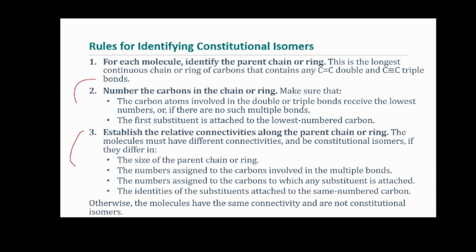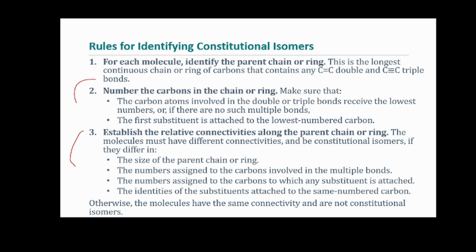Establish the relative connectivities along the parent chain or ring. This would have been the positional identifiers, right? Before, with our substituents, we would have gone through and figured out this one's on the second carbon, this one's on the third carbon. In this case, we don't actually have to write out the name if we're just identifying the constitutional isomers, but again, those are the locators.